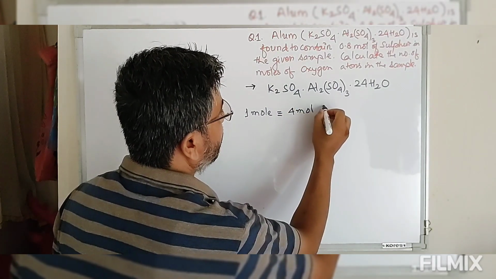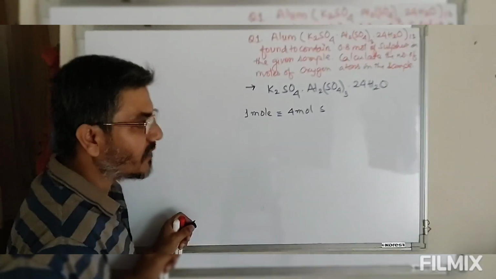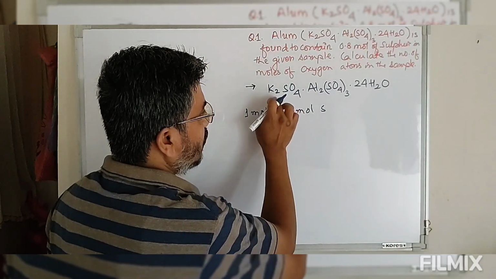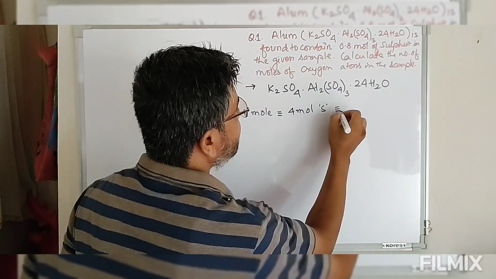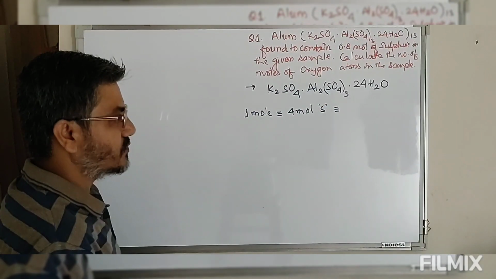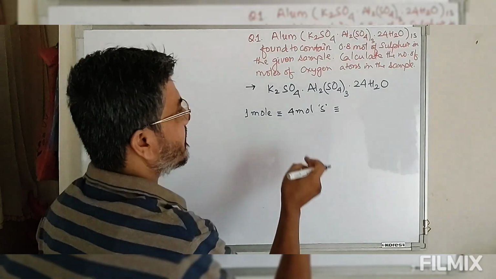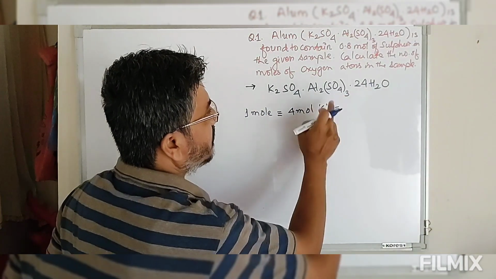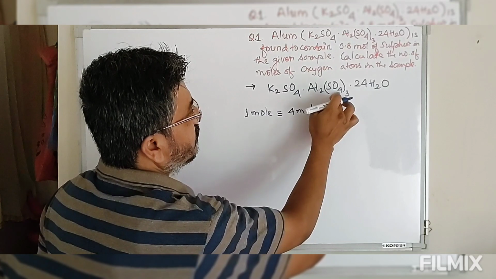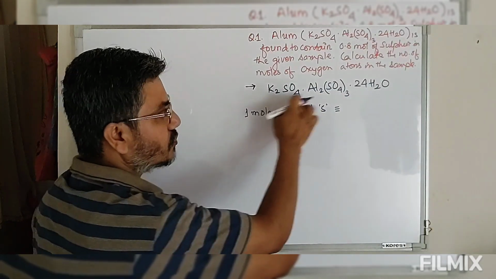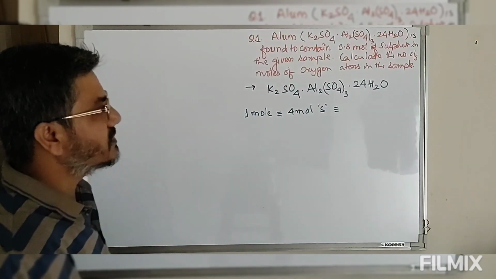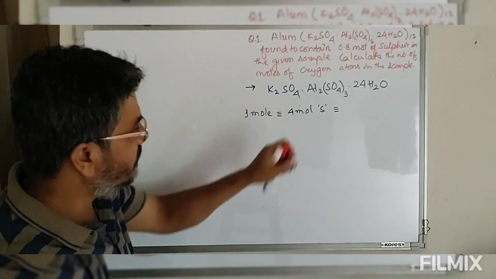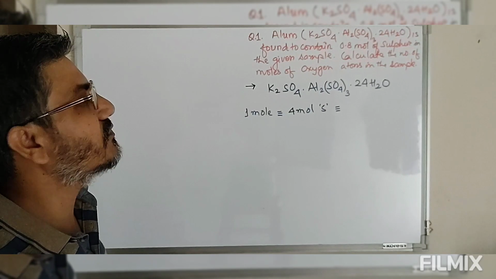4 mole of sulfur. So if 1 mole contains 4 moles of sulfur, then this 1 mole of the substance will contain how many oxygen atoms? So look at this, 1 molecule contains how many oxygen? 24 here, 12 here, plus 4. So 24 plus 12 plus 4. So these are the number of moles of atoms of oxygen.